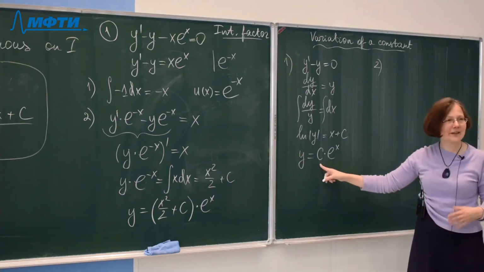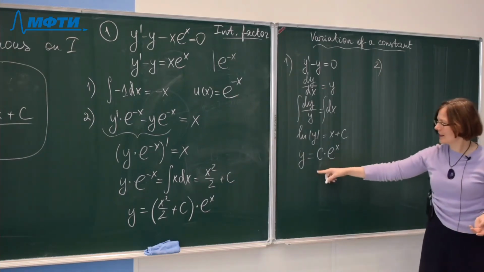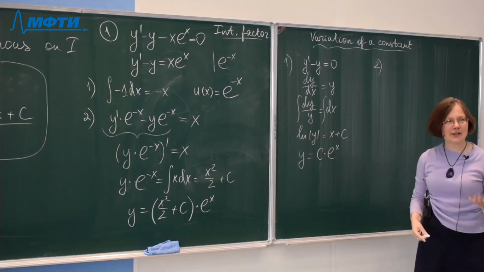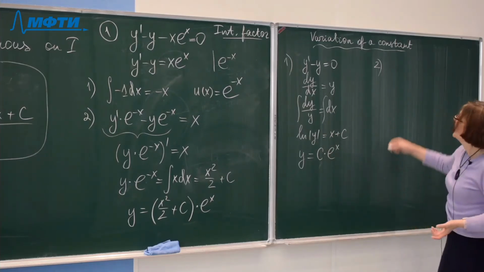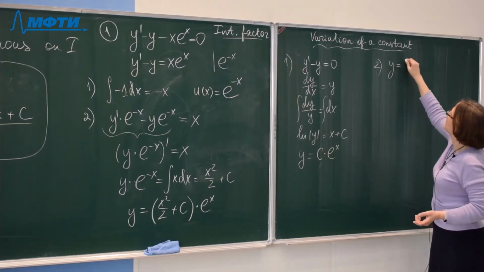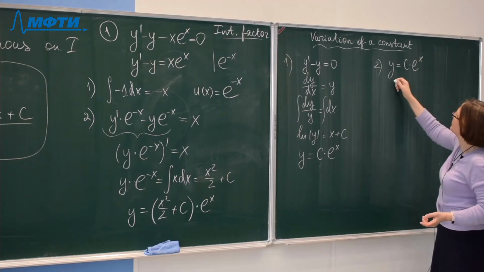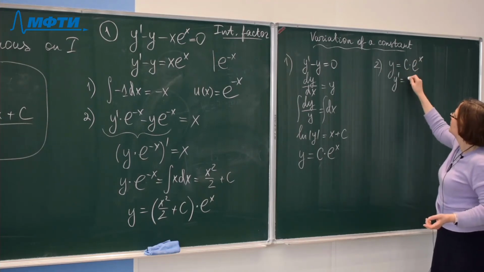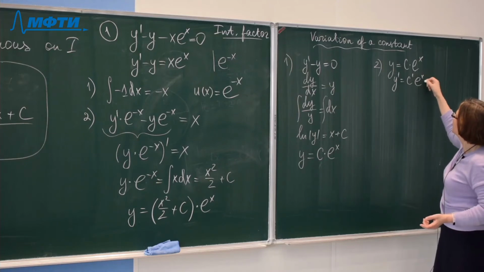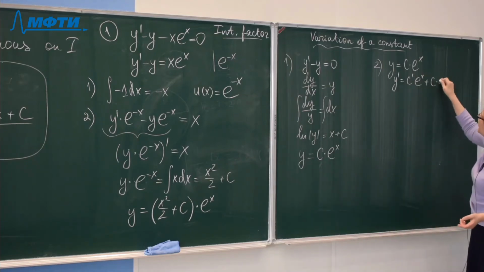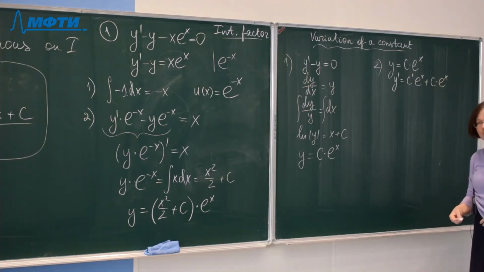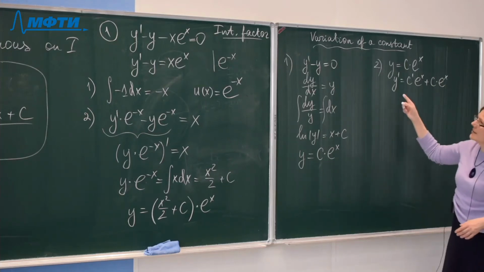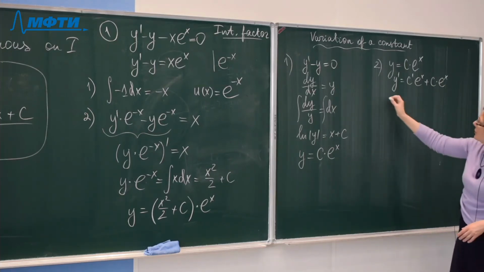We vary the constant. We assume that this is not a constant but a function depending on x. So y equals c times e to x. We find the derivative. It is c prime e to x plus c times e to x. And substitute this into the original equation.